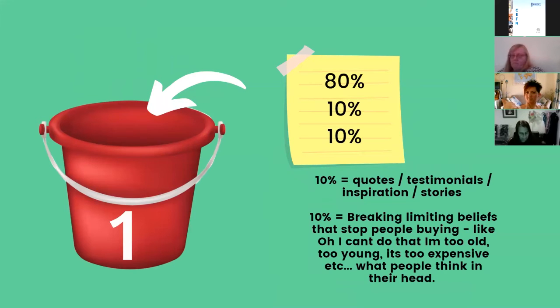Okay, so for 1 week, we've got 5 posts of content ready to go, and we know where we're going to send people to find out more with your call to action. That is 1 week. For week 2, you would get bucket number 2, pick one topic out and do exactly the same.